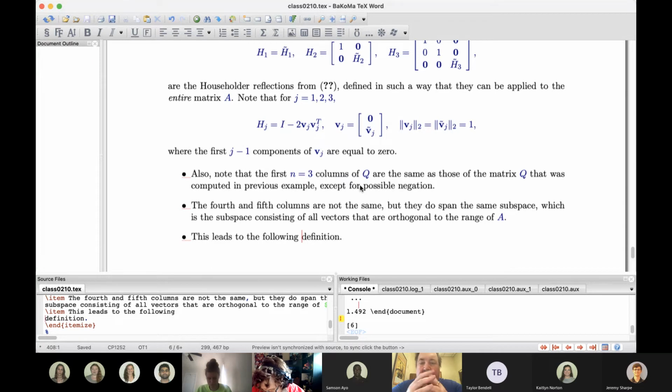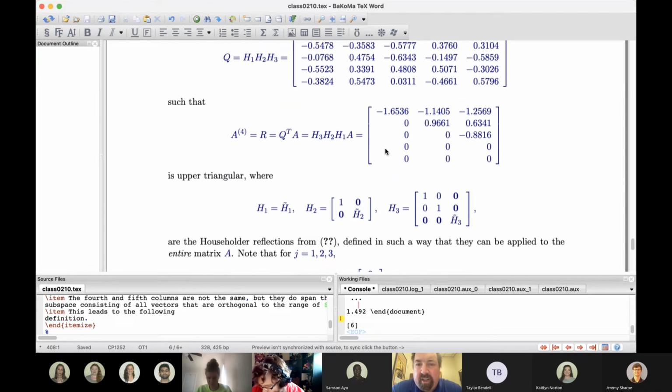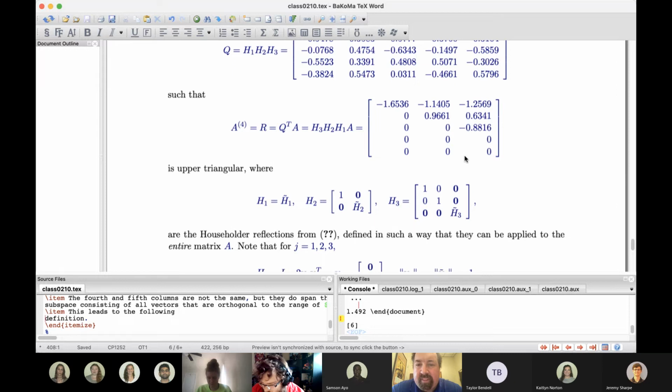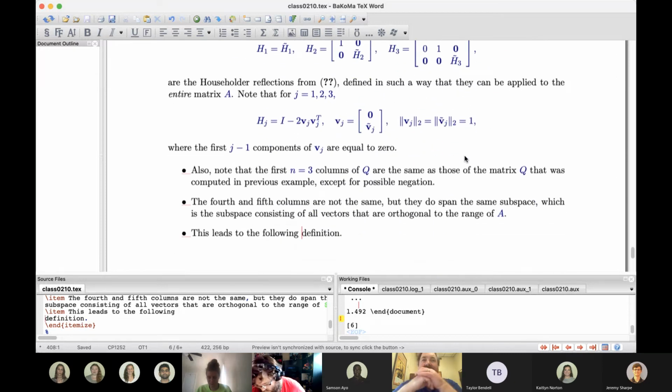So there may be a sign difference, because what you can do is look at the matrix R. In this case, we have two elements that are negative, whereas Givens rotations, the way we've defined them, use a convention that you're zeroing a certain element, and then the other element is set to be positive. So that has the effect of making all the diagonal entries of R positive when it's Givens, but that's not necessarily the case for Householder.